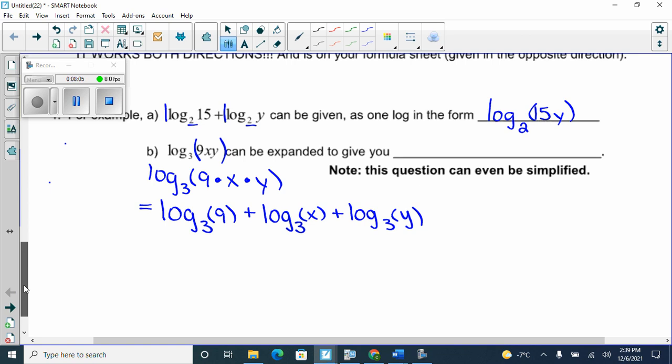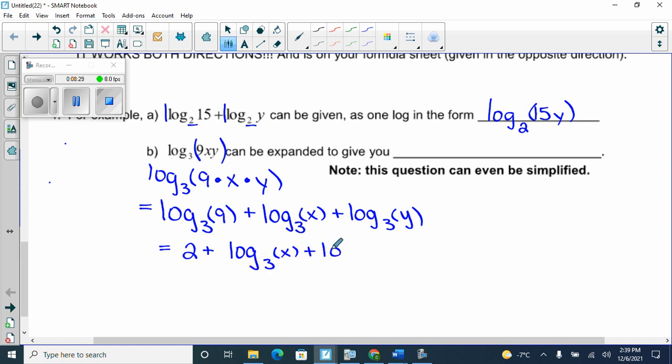Nothing you can do to them. But log base 3 of 9 can turn to just a number because it's just numbers. There are no variables. So if you see just a number sitting there, figure out how you can separate it so that this can happen. So 3 squared is 9, and so I get 2 plus log base 3 of x.